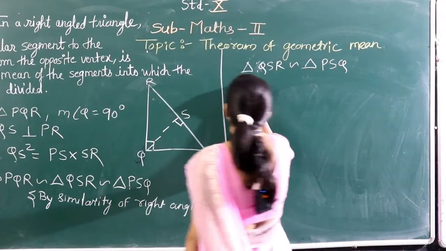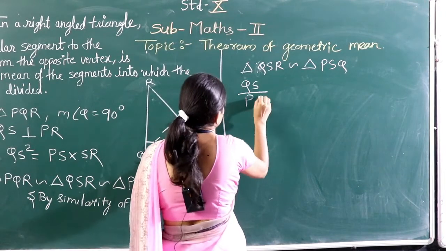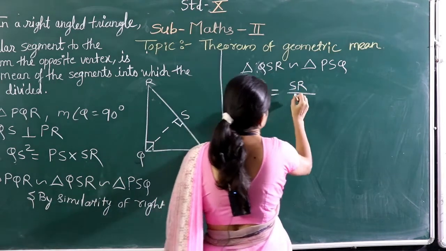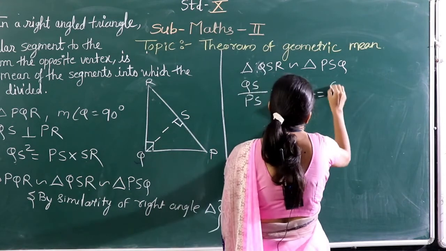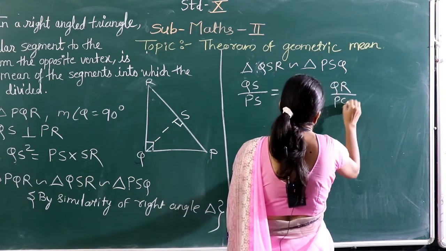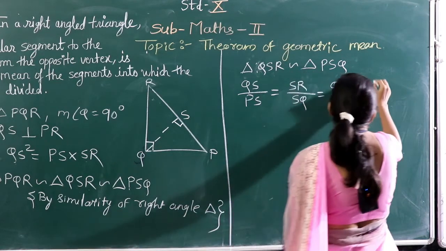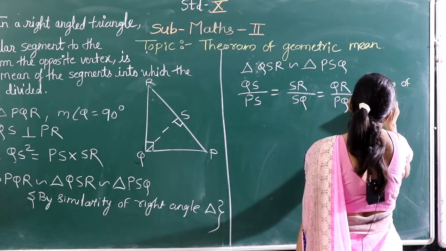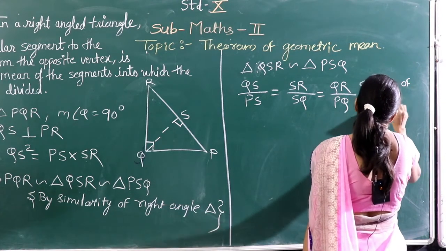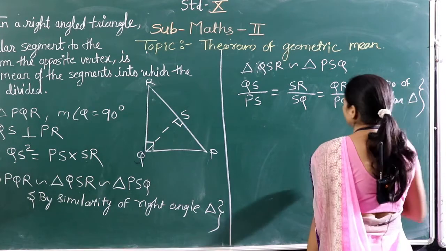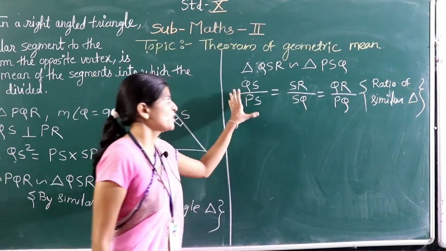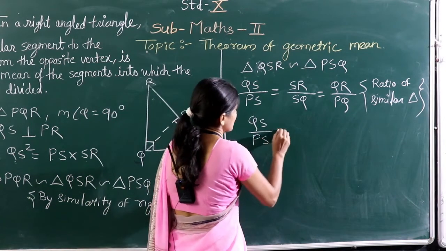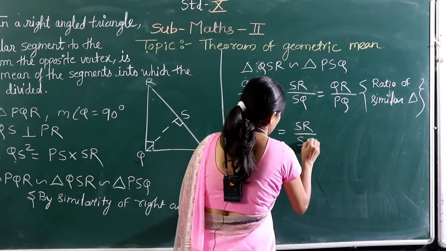So we take ratio of the triangles, QS by PS equal to SR by SQ equal to QR by PQ, ratio of similar triangles. Out of these three ratios, we only want these two ratios. That's why we take QS by PS equal to SR by SQ.